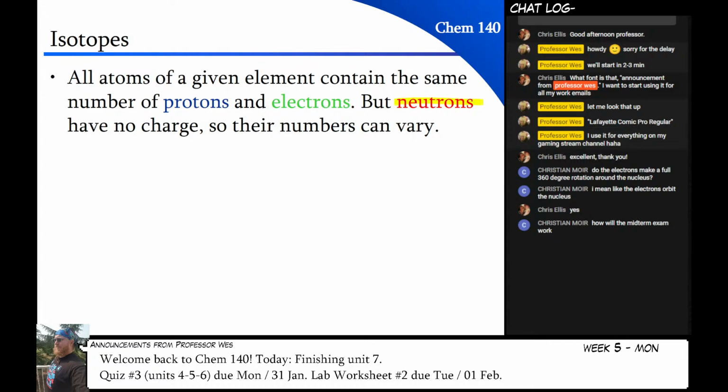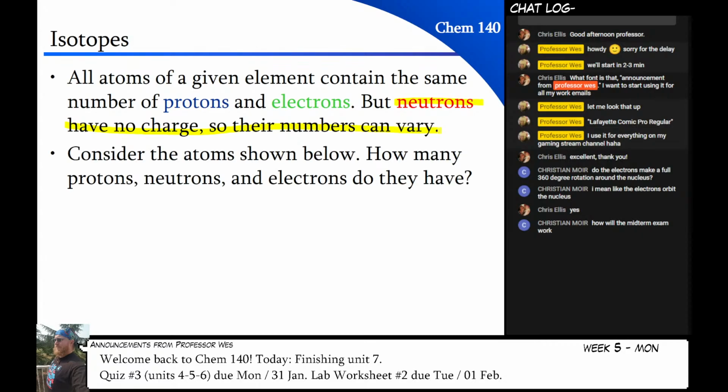But since neutrons have no charge, you can have as many or as few of them as you want. And what that ends up doing is changing the amount of matter that is in each atom. So I'm going to give you 3 different atoms here, and we're going to analyze the differences and similarities between them.